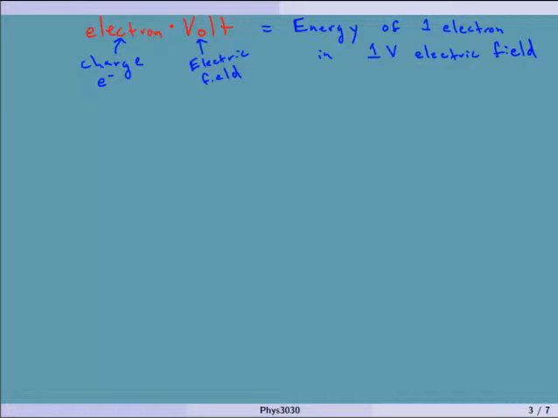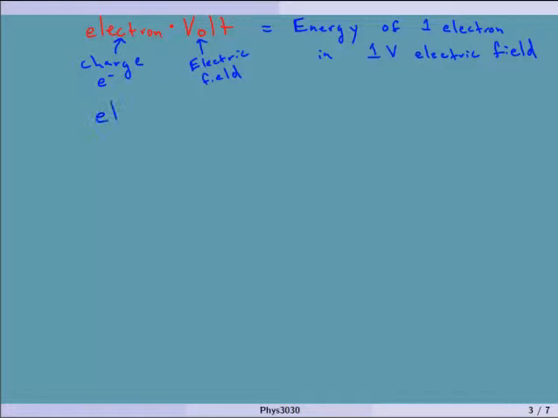Okay, and that might seem abstract, but it's really useful for particle physicists because one of the things you're dealing with all the time is electrons. And we're going to talk about energies a lot, and these energies are actually measured in electron volts. So we'll throw different prefixes in front of this.